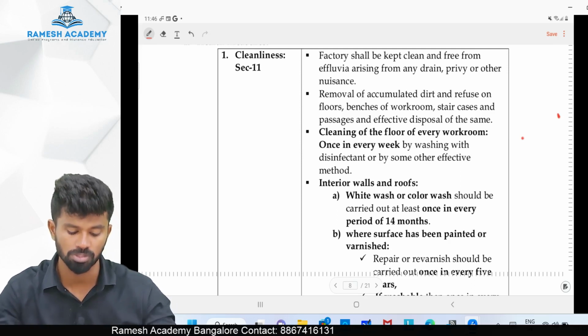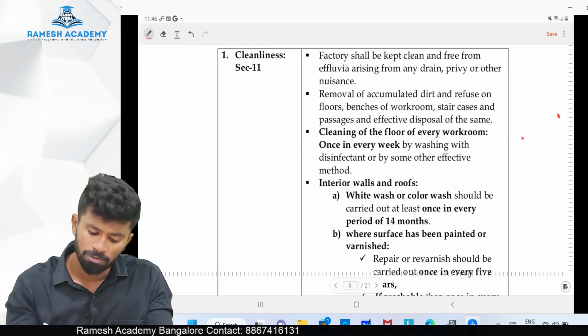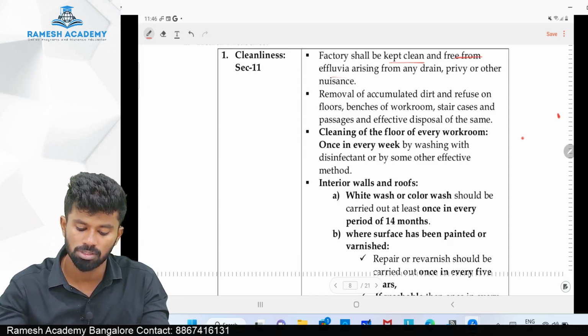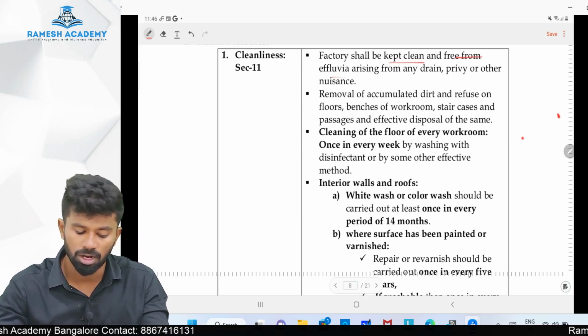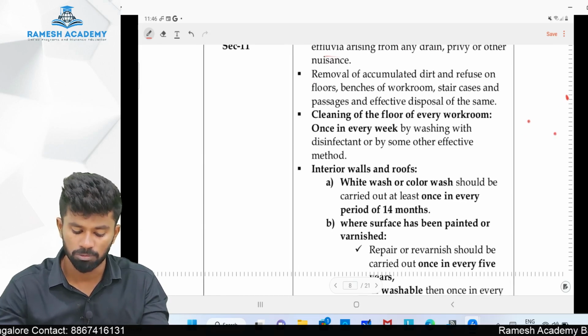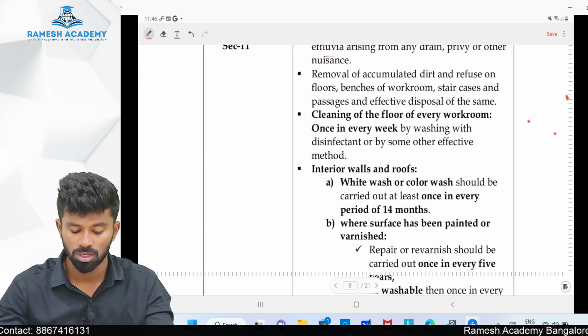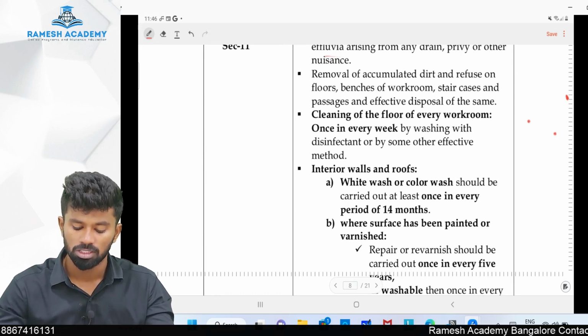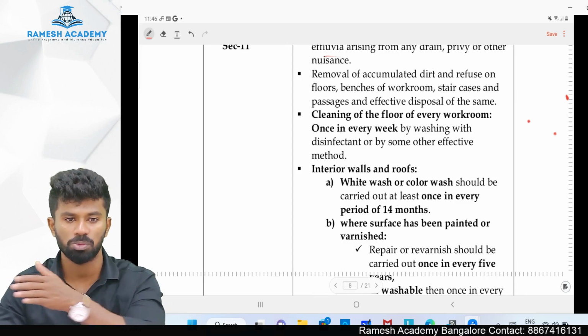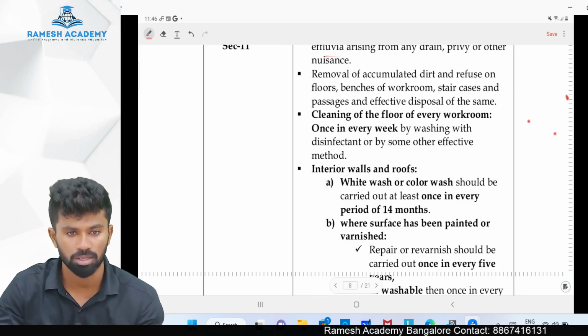For this purpose, the factory shall be kept clean and free from effluvia arising from any drain, privy or any other nuisance. Removal of accumulated dirt and refuse on floors, benches of workroom, staircases and passages, and effective disposal of the same. Removal of dirt and fumes has to be done.